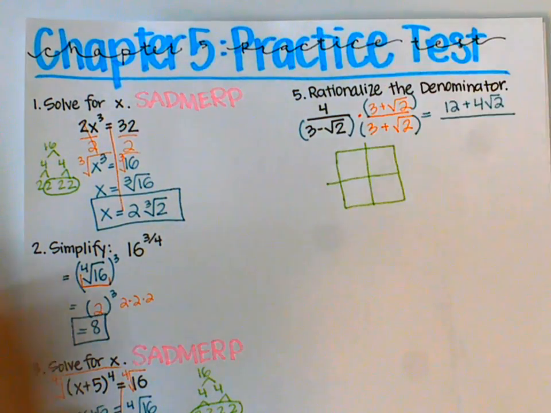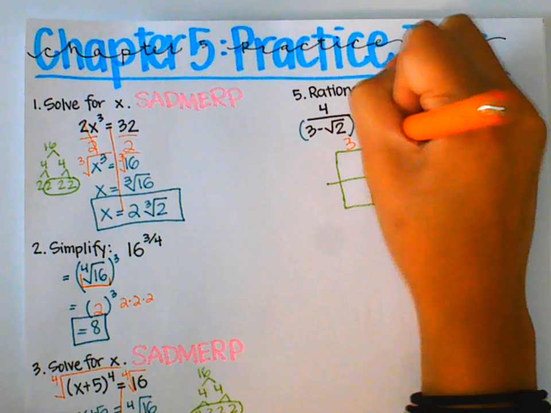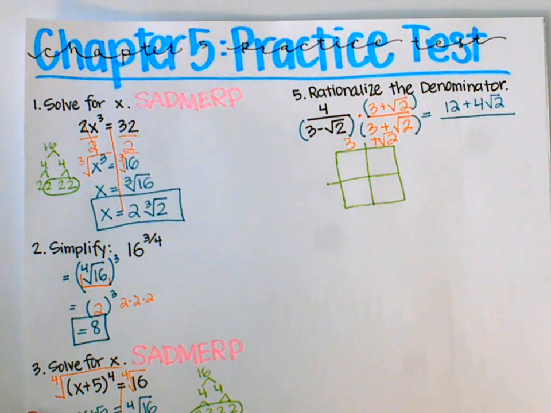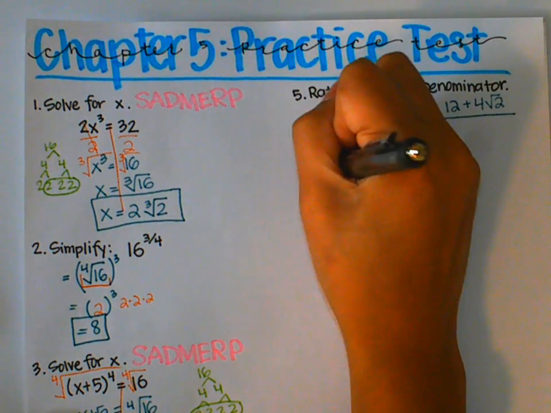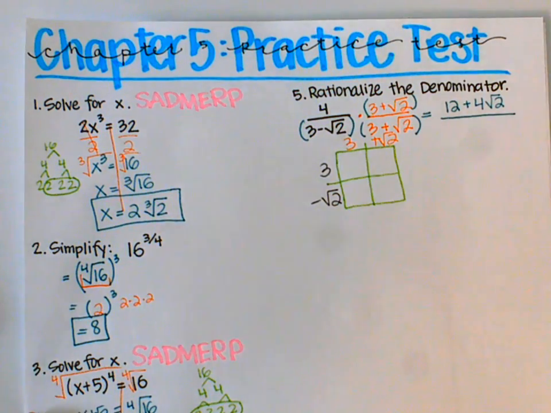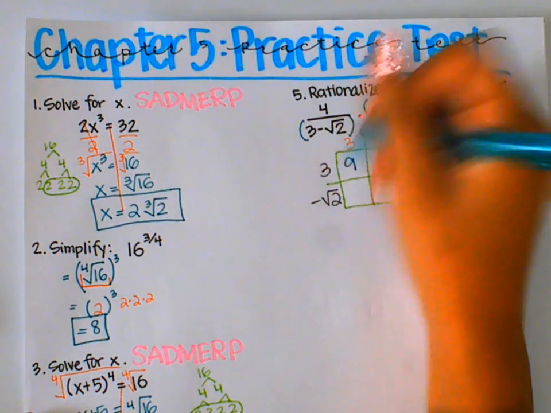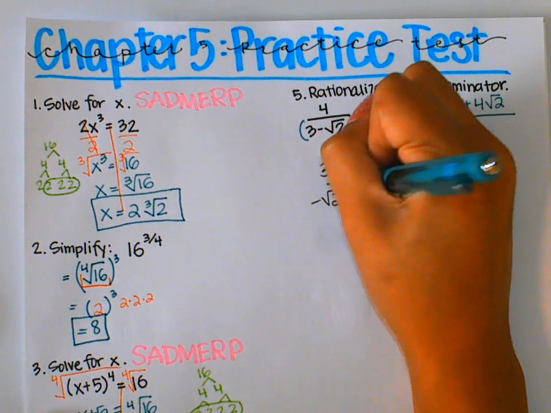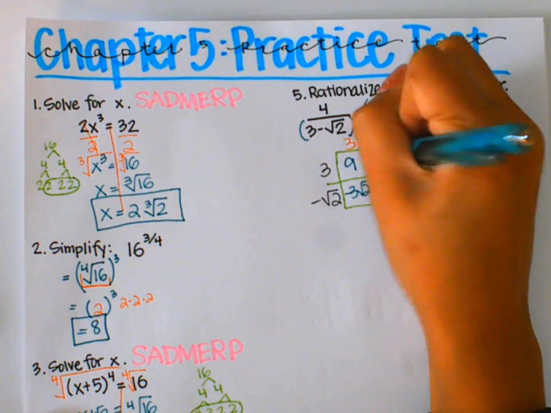And I'm going to keep the same colors so you can kind of see where I'm coming from with these numbers, and I don't confuse you with that. Okay, so 3 times 3 is 9. 3 times negative radical 2 is negative 3 radical 2. 3 times that is a positive 3 radical 2.